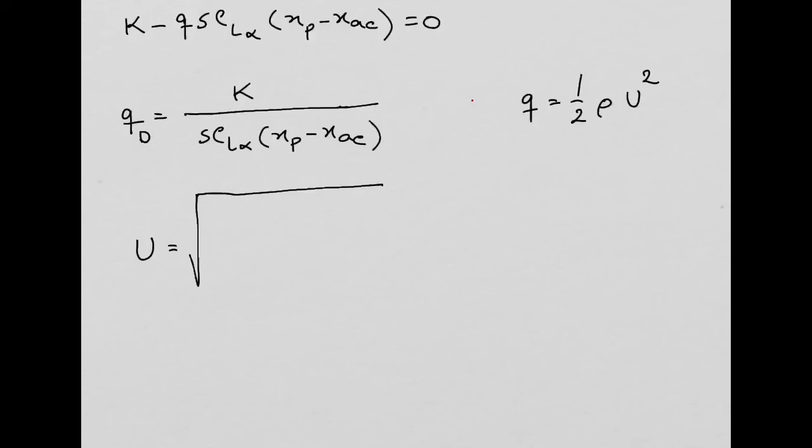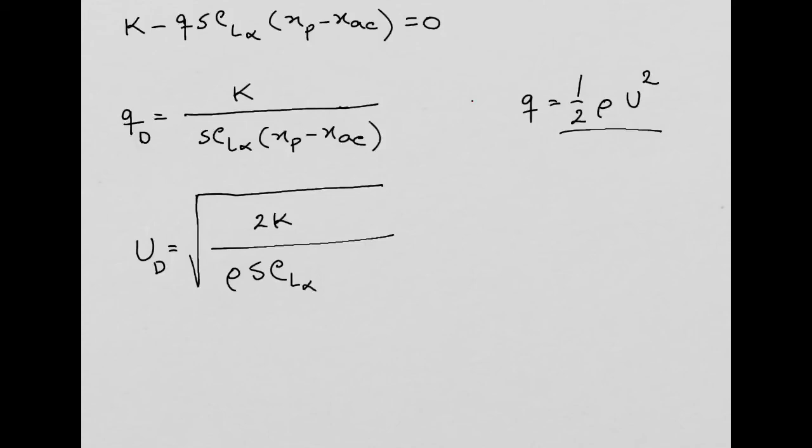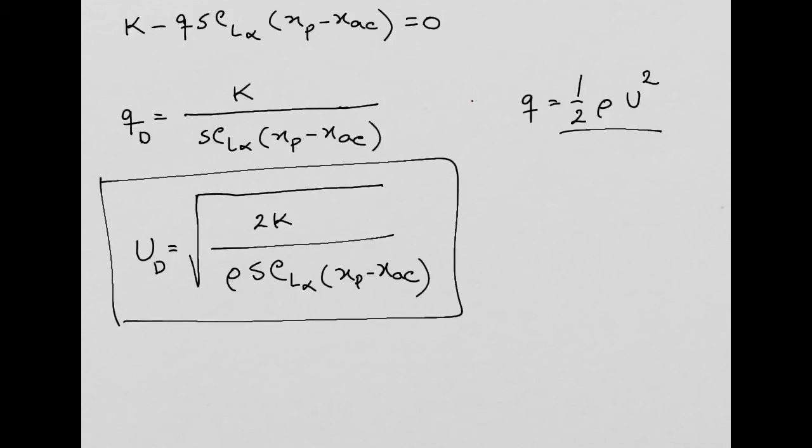And it's the end of your wing, the end of your aircraft, right? So we will call this velocity the divergence velocity, UD. If you just replace dynamic pressure by this expression, you get your divergent velocity equal to 2k over rho SCL alpha xp minus xac.